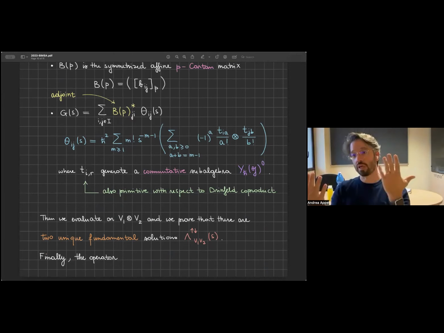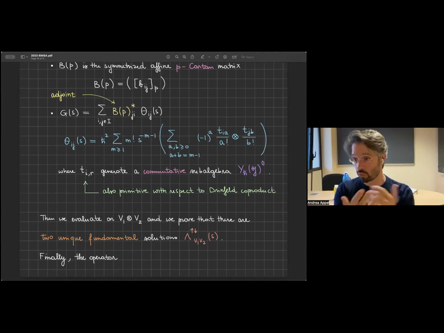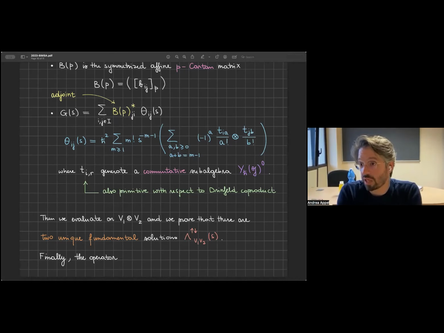And so you can look for an operator that behaves nicely with respect to this element, to delta_D, the Drinfeld coproduct applied to this element. Then you see that if you study this intertwining identity only for the commutative part, this already determines uniquely your matrix R0.